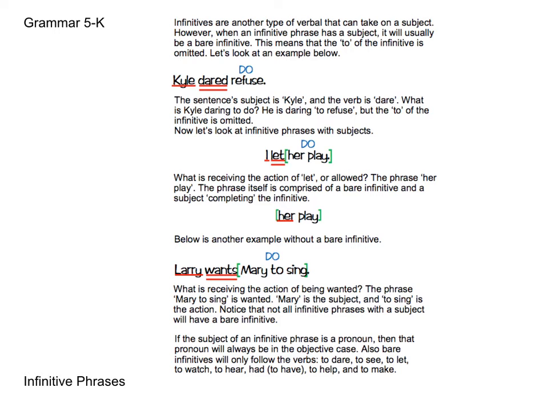Even though Mary could technically be a subject in another sentence, it is going to be acting as the subject of the phrase. But when we use a pronoun, it would be Larry wants her to sing. So just keep an eye out for that, because remember, when you do a gerund phrase, it's a possessive noun or pronoun.